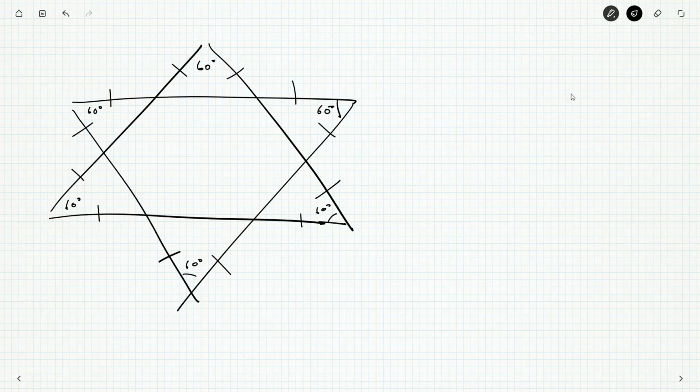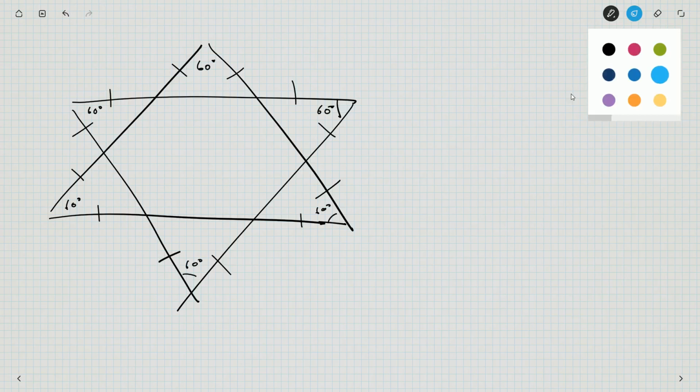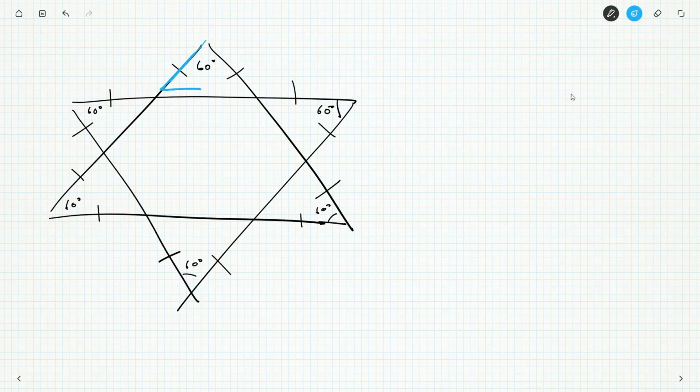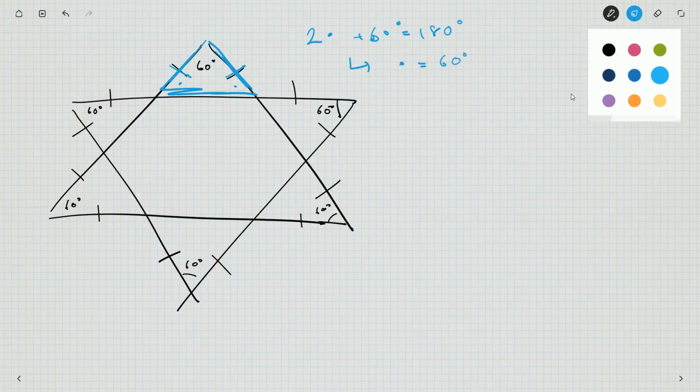Okay. But if I take a look at one of these small triangles, it's isosceles, right? Because we've got the same sides here. And that means the angles in the corner are going to be equal. So two of these angles in the corner plus 60 degrees has to add up to a full 180 degrees. It's not that hard to work out that the angle in the corner is going to be 60 degrees as well.